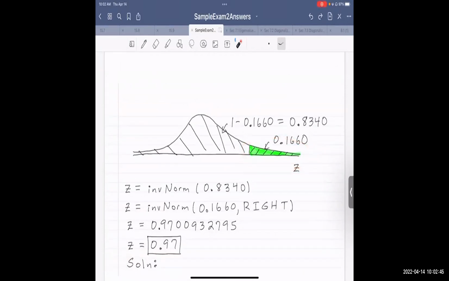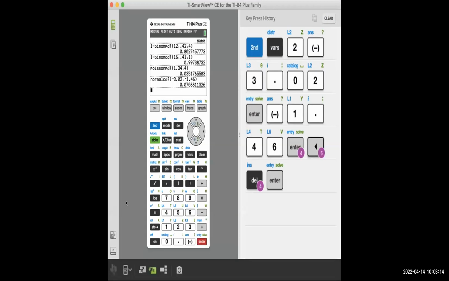I could either find the value by doing the inverse norm of 1 minus 0.1160, or I could do the inverse norm of 0.1160 using the right command. That's only if I have the latest version of the TI-84. And you'll notice that you'll get the same answer doing it either way.